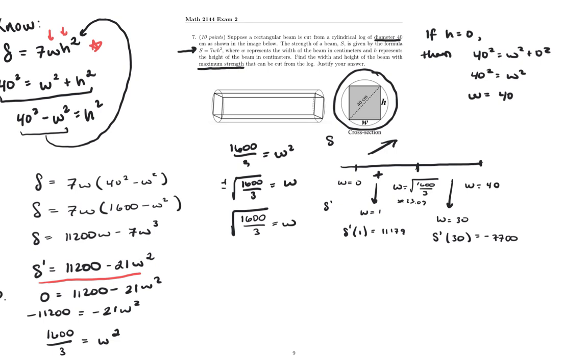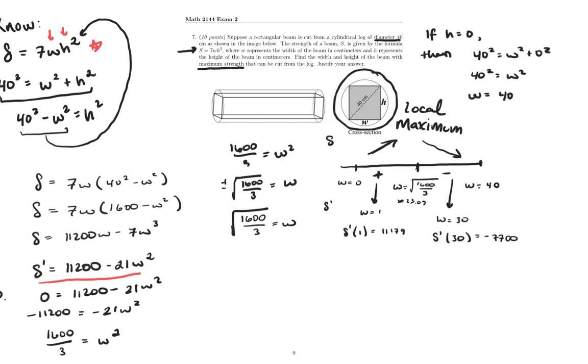And so this tells me that all the values in this interval, the outputs into the derivative, are going to be negative, and so my S function is going downward. So this, in fact, confirms that I have a maximum, a local maximum. Perfect.